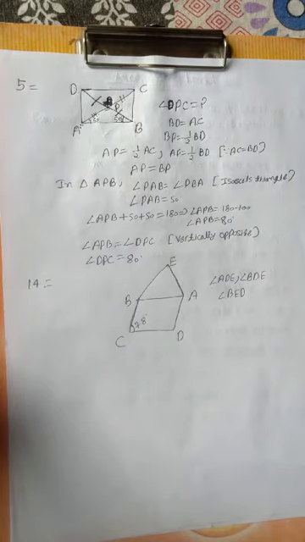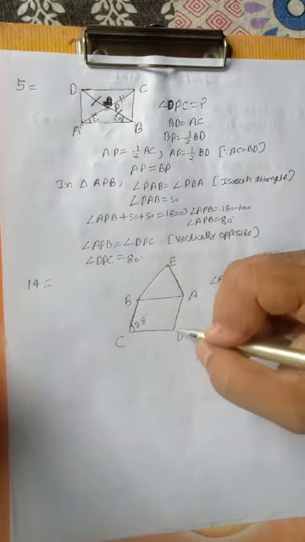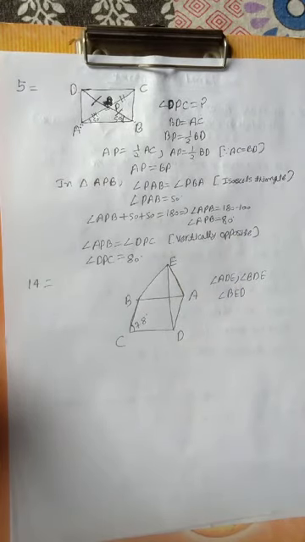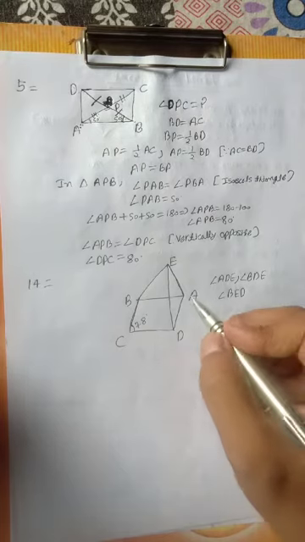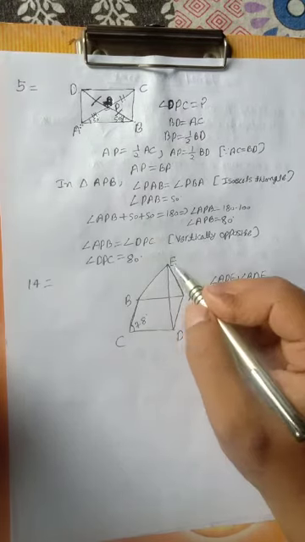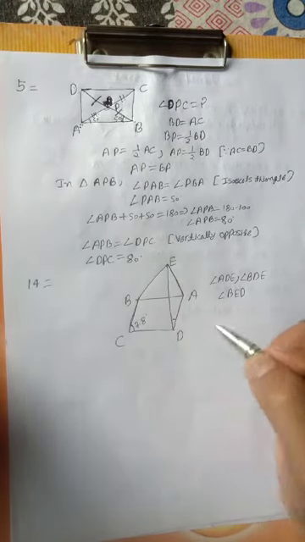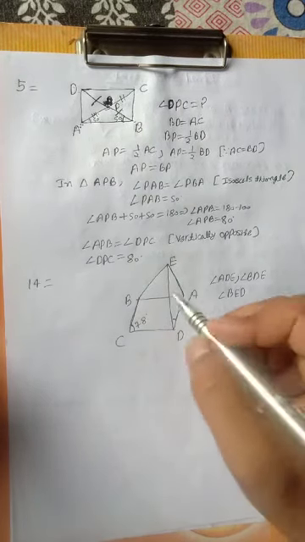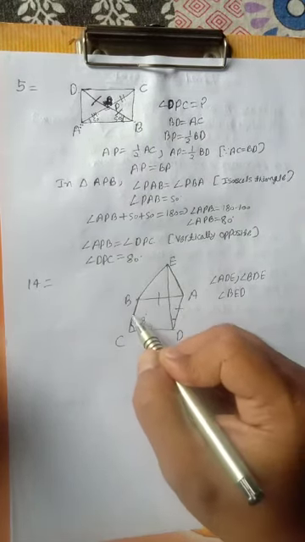We have to find this angle. This figure is given. Now we have to find this. Calculate ADE. We have to find this angle. Now we know that ABCD is a rhombus, so all sides of a rhombus are equal.